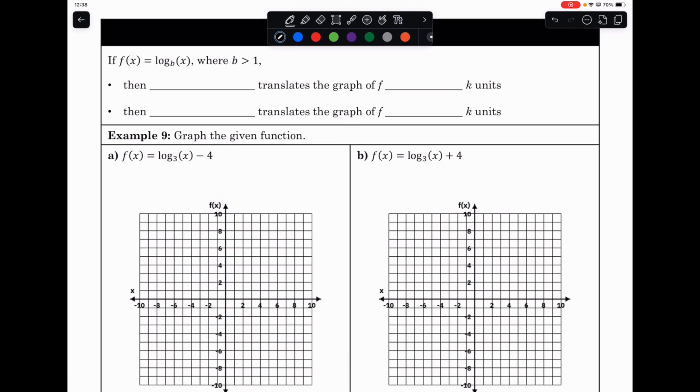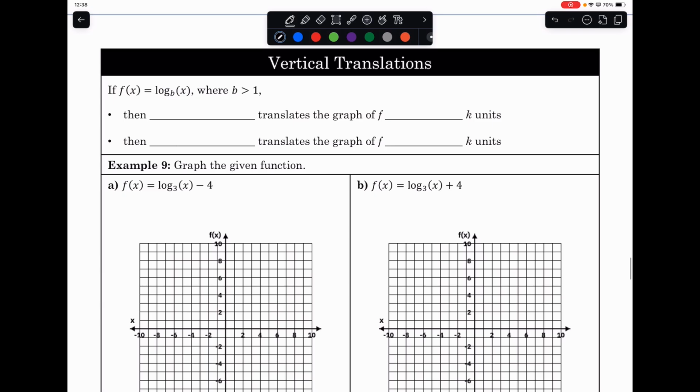Okay, now let's talk about vertical translation, sliding things up and down. So again, we have the normal notation of our log function. Let's say now we have the log function g of x, and we want to add a value to this. Let me put parentheses on x. I want to add something to this. We're going to add k.